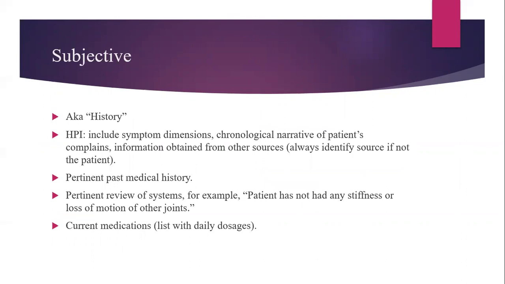Next is subjective data, also known as the subjective history. The history of present illness includes symptoms, dimensions, chronological narratives of the patient's complaint, and information obtained from other sources.